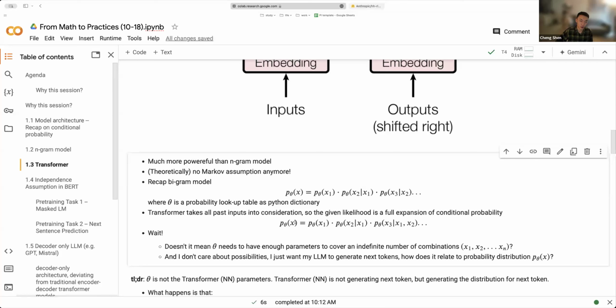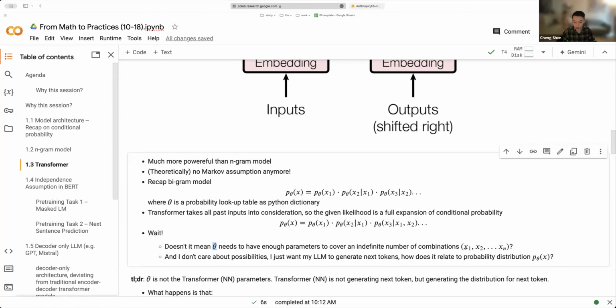For example, from the course XCS236, we learned that if we have a lot of different possible inputs like x1, x1 x2, x1 x2 x3, and we want to model the distribution based on all different inputs, then doesn't that mean the theta, the parameters used to model the distribution, needs to have enough parameters to cover all sorts of different distributions given an infinite number of combinations of x1 to xn?